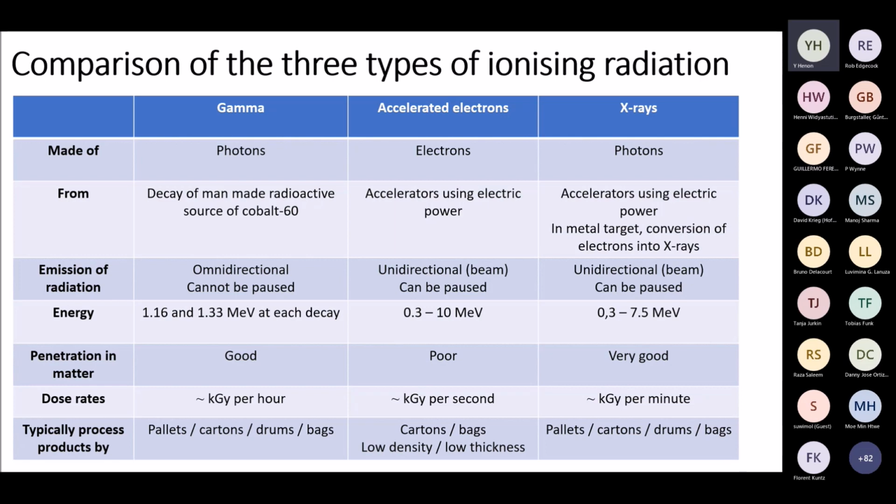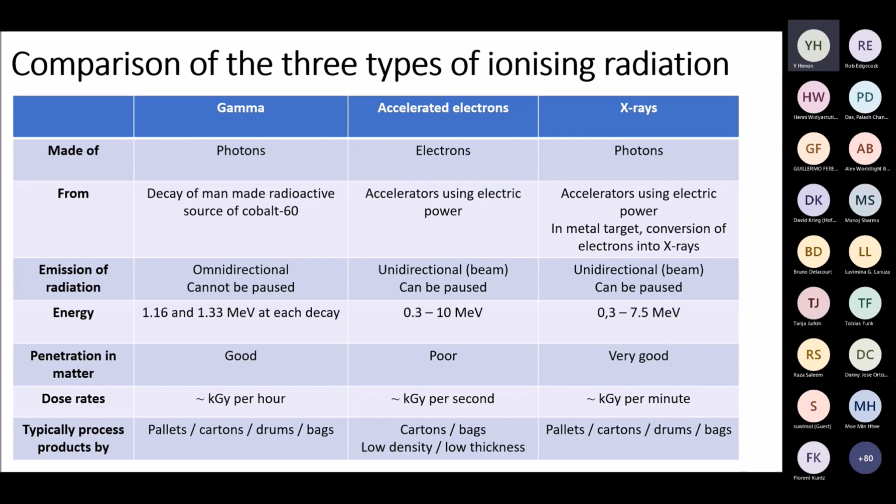The energy of the electrons needs to be high enough to penetrate far enough into matter. However, altogether, the penetration is rather poor, so electrons are used mostly for lower density products or packages that are not too thick. One big advantage of electrons is their dose rate. The amount of energy per time unit is of the order of kilograys per second, meaning that the process is very fast.